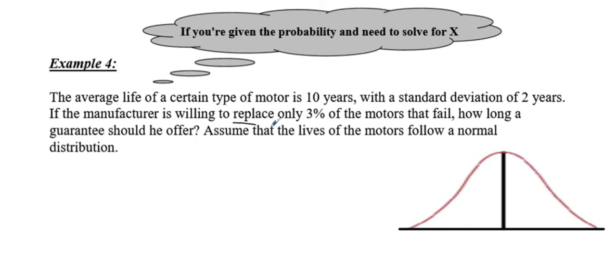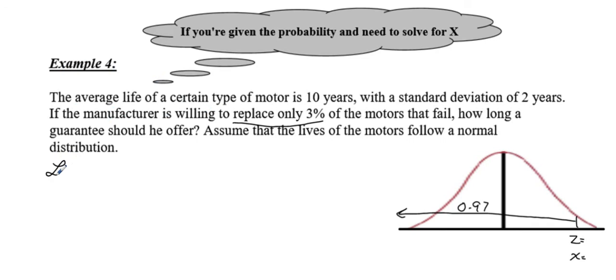So if he wants to replace 3%, that means he wants 97% of the motors to be good. So we are trying to find this z-score, which will lead us to what that value of x will be. And that should be what the guarantee will be.